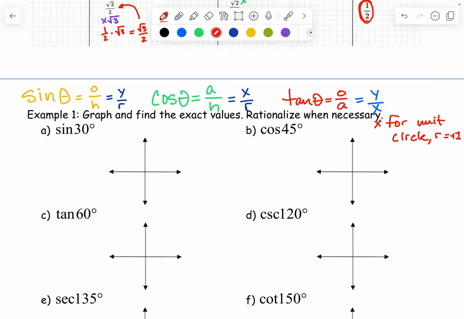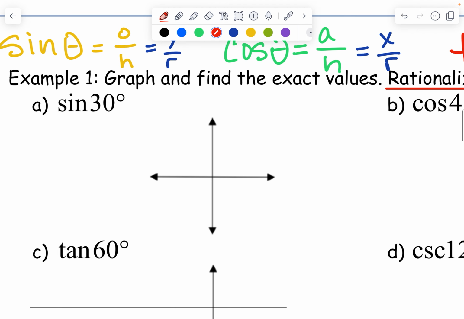For the unit circle, r equals +1. So let's graph and find what these are. It says to rationalize when necessary, okay? So let's start with sine 30, and I'm not going to do all of these. Let's start with sine 30. Sine 30 degrees is right over here in quadrant 1, okay? We'll say that this is 30 degrees.